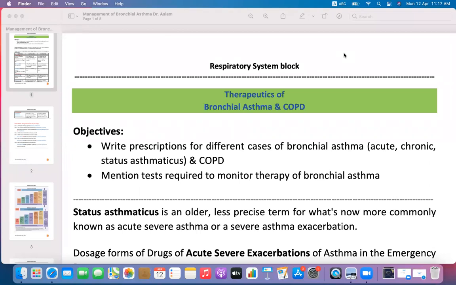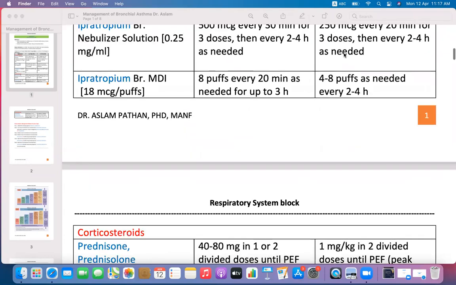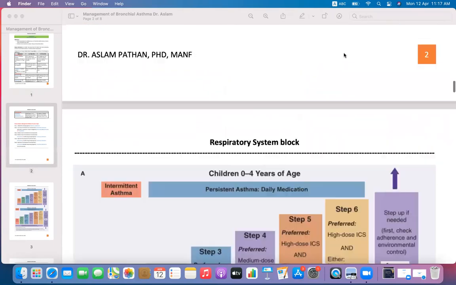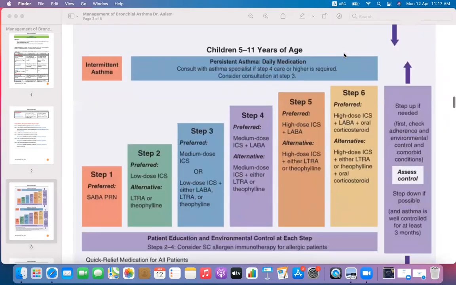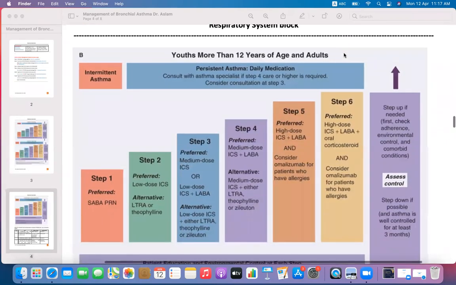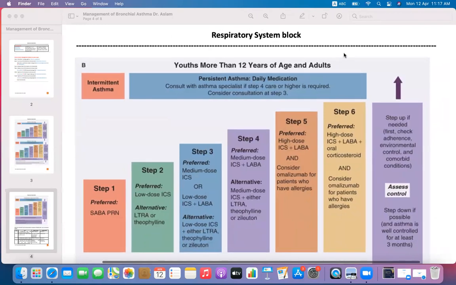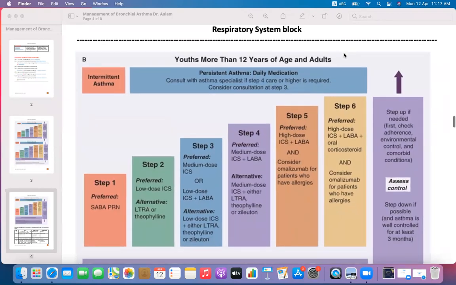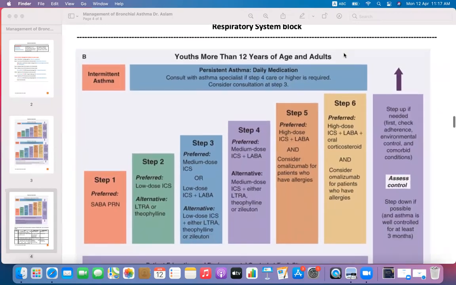Let us continue to the management of bronchial asthma in youth more than 12 years of age and in adults.